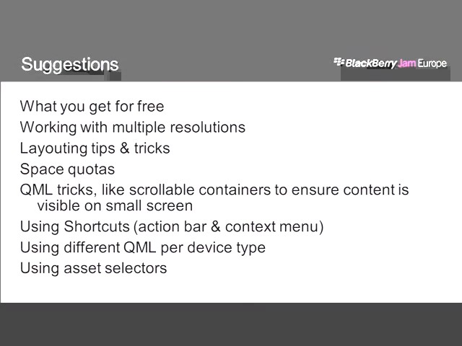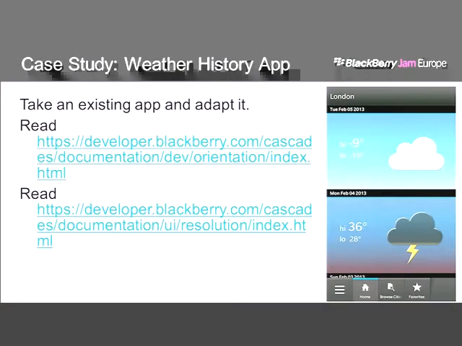Okay, so this is a list of suggestions that Roger gave me in terms of what I should show in my app. Next one. The way I want to present some of these suggestions is by taking an existing app that was locked to portrait mode.